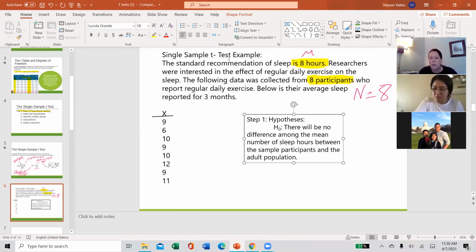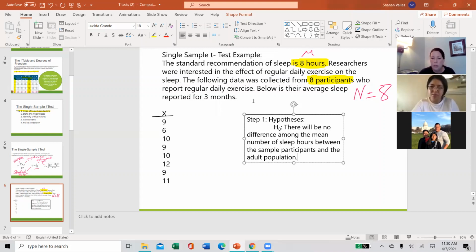When you're writing this for me or any other professor, the more detail that you put in there is going to show that you know who you're comparing and what you're comparing, right? We are comparing the 8 participants to the regular population, and we are comparing the number of sleep hours.